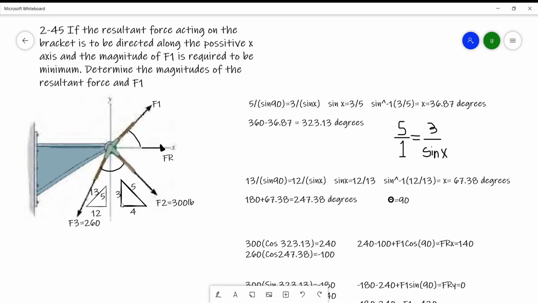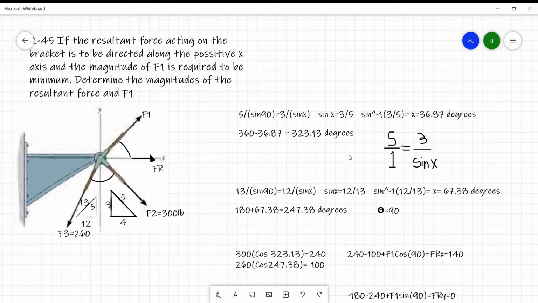For example, here I know that this angle is 90 degrees, and my hypotenuse divided by the sine of the right angle is equal to any of the sides divided by the sine of the opposite angle. Here I have my hypotenuse and this is its opposite angle. Here I've got my 3 and this one is its opposite angle, and here I have my 4 and this one is its opposite angle.